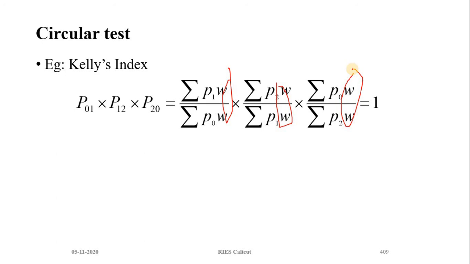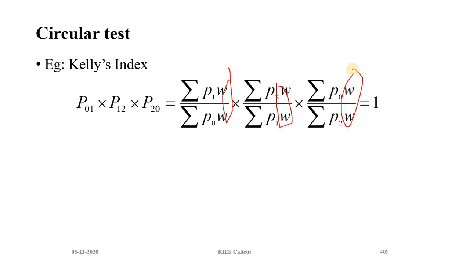And the third and most important reason is that it satisfies the time reversal as well as the factor reversal test. That's why it is known as an ideal index number.